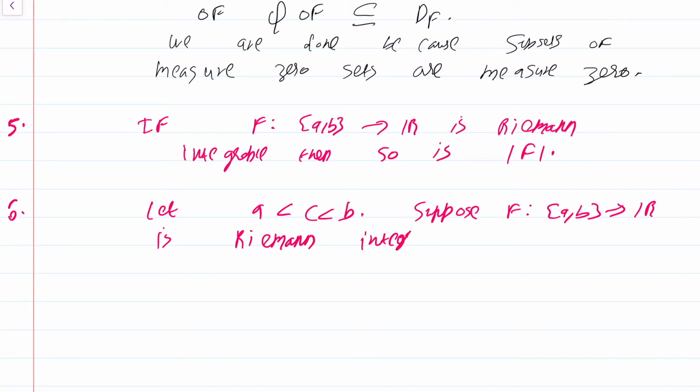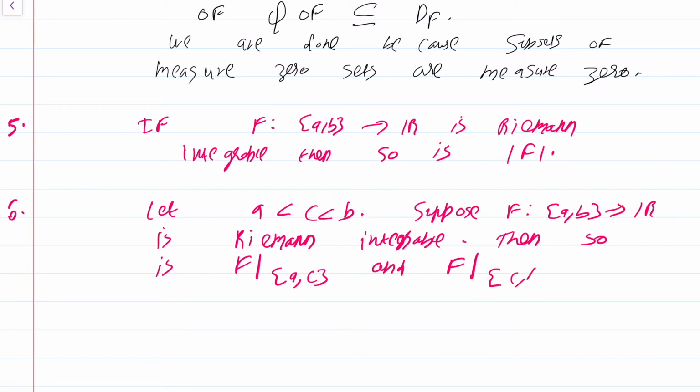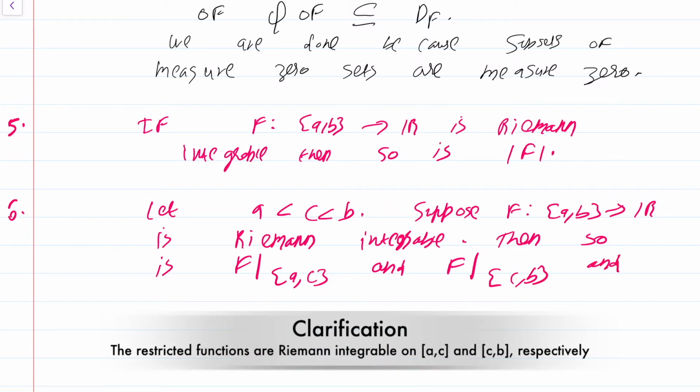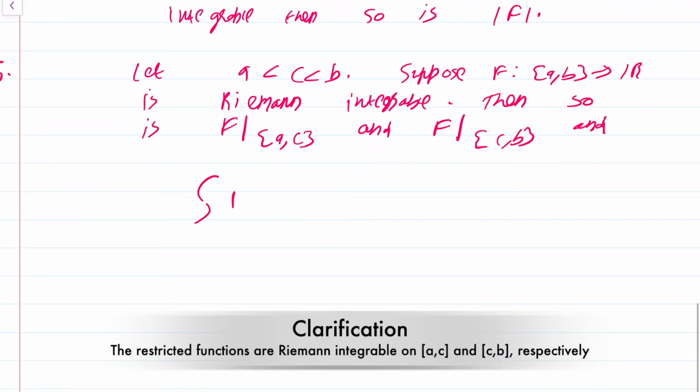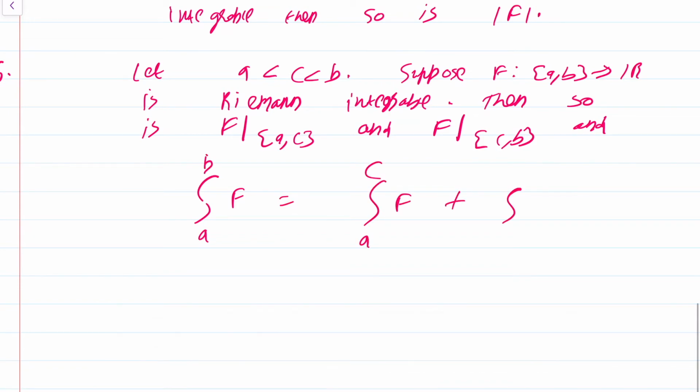Then so is f restricted to [a,c] and f restricted to [c,b], and the integral of f from a to b is just the integral from a to c of f plus the integral from c to b of f. Again, the proof of this is very easy.